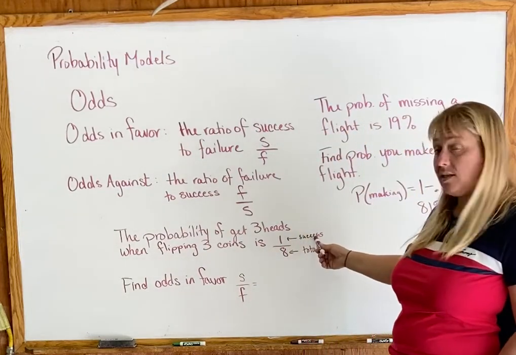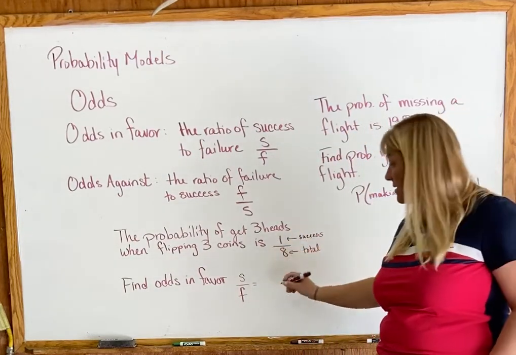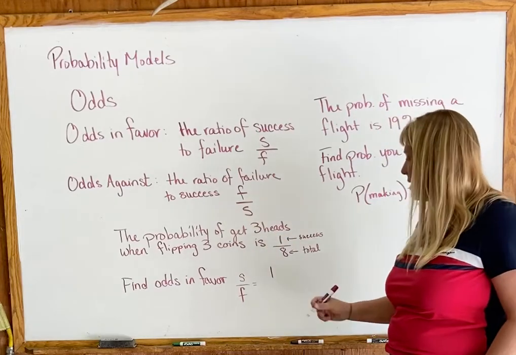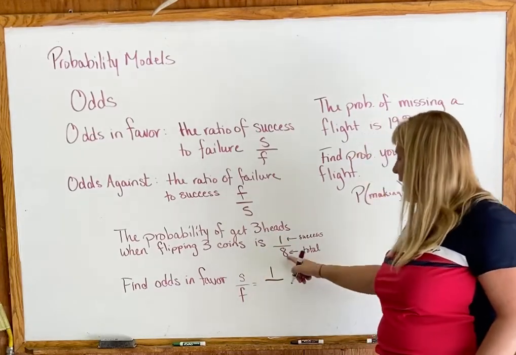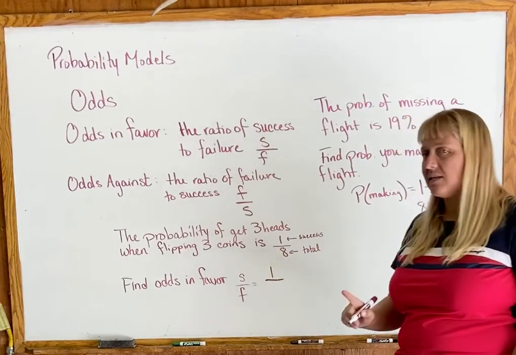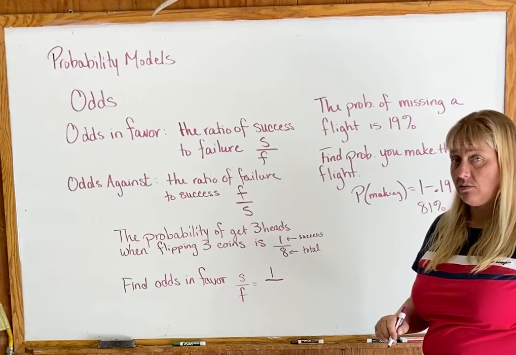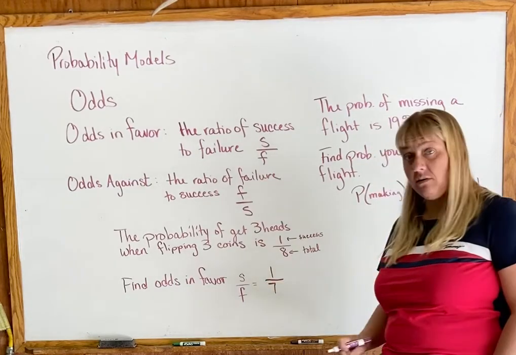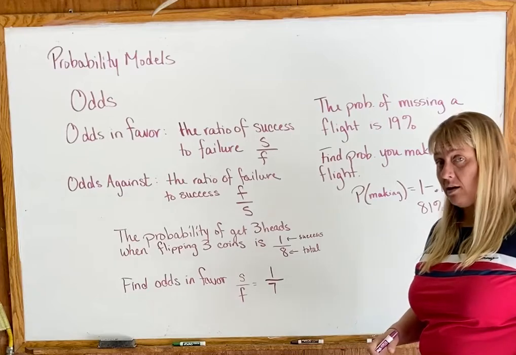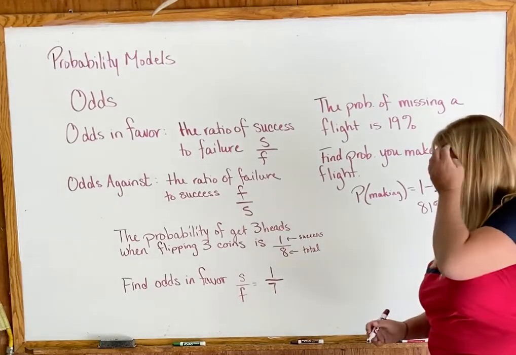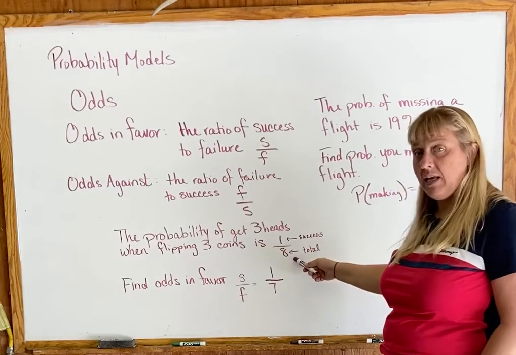Now, we're still going to have this one success, aren't we? There's one way to get 3 heads, okay? Flip 3 heads. But if there are 8 ways in total, if one of them is a success, how many of them are failures? Okay, and that would be the other 7. Everybody agree with that? So you see, using the complement there, success and failure are complements. So together they add up to 8.